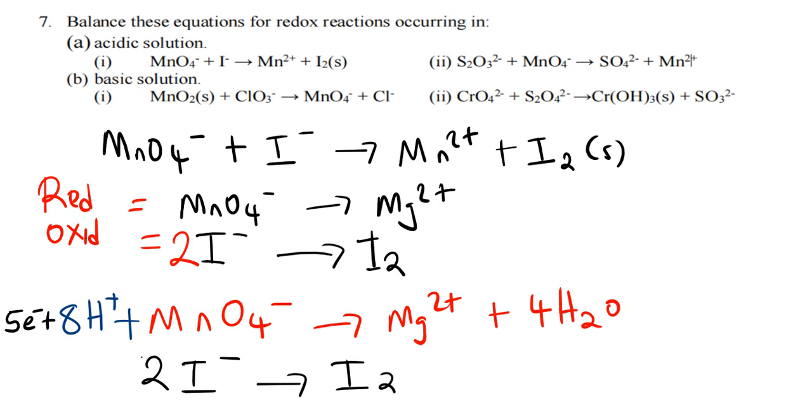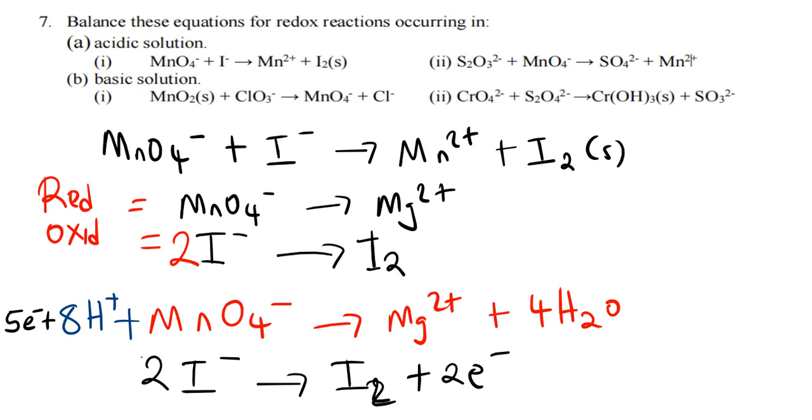Yes, we balanced the iodine by adding a 2. But by virtue of us adding a 2, now we've got a charge of 2 minus on the left hand side. Then on the other side, we don't have any charge. So because we don't have any charge on the other side, I'm going to add 2 electrons so that it balances as well. Okay, so this is what we have.